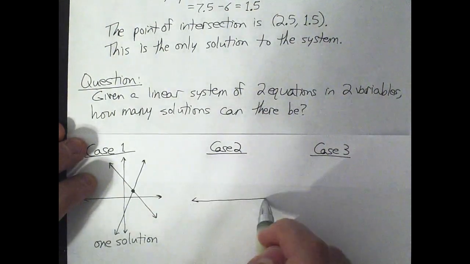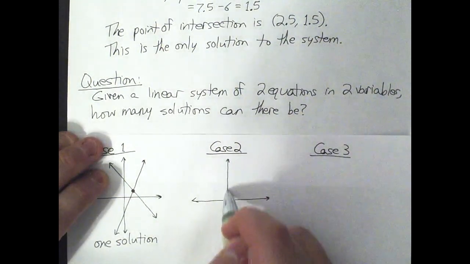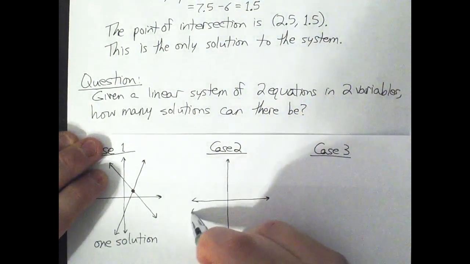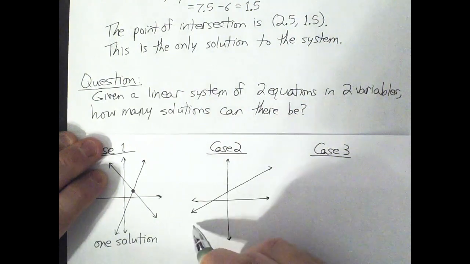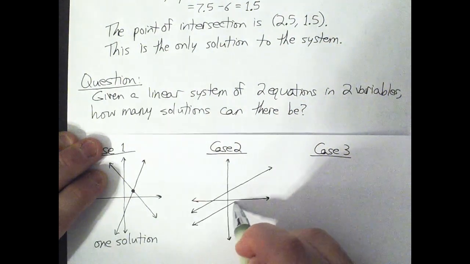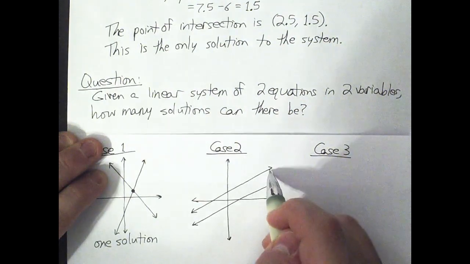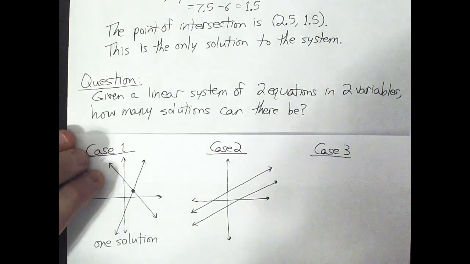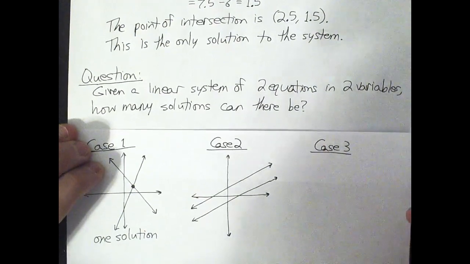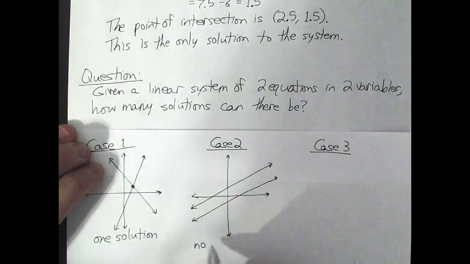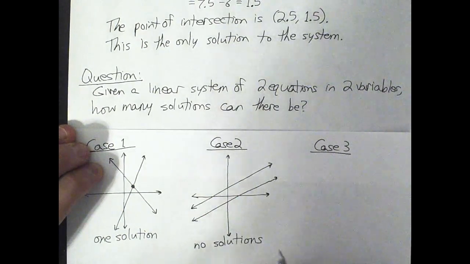However, there is another possibility, and that is you could have a line that goes like this and a line that goes like this. And if these are drawn just right, you could have 2 lines that never intersect each other. And if they never intersect each other, we say that there are no solutions.